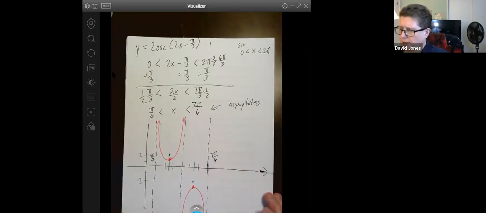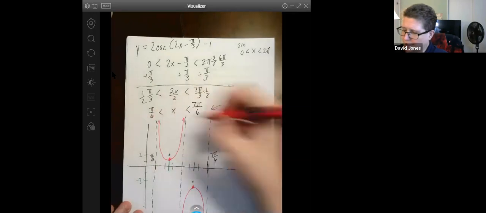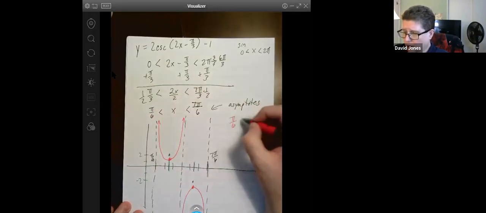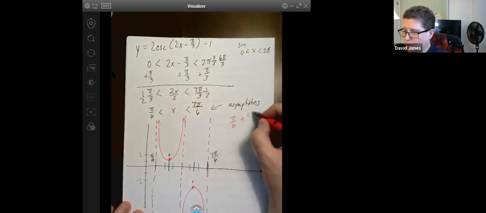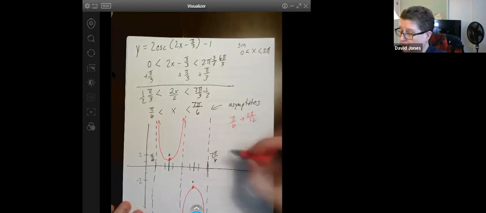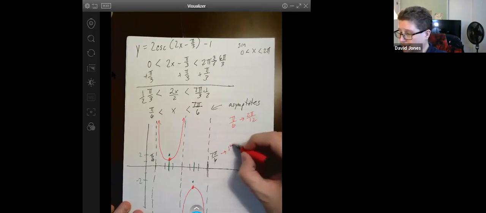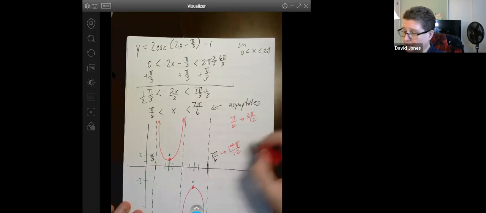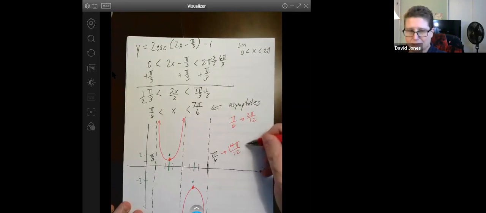That pi over 6 is really where I had it, 2 pi over 12, which is where I have my asymptote on my first graph. This is 14 pi over 12, which is where I had another asymptote on the other graph.